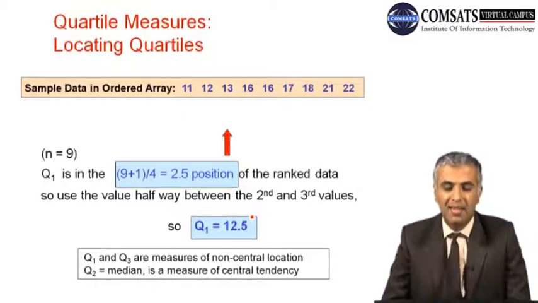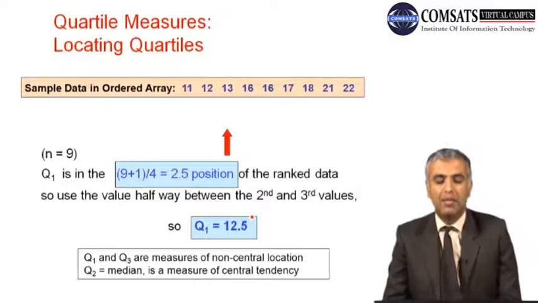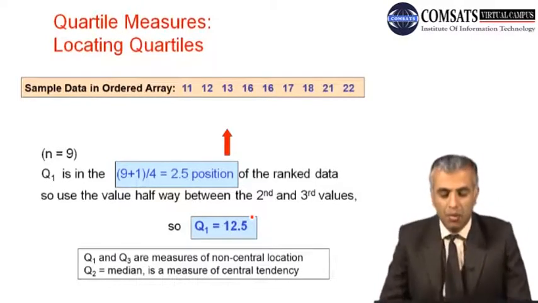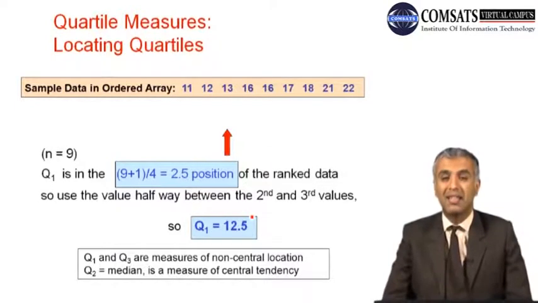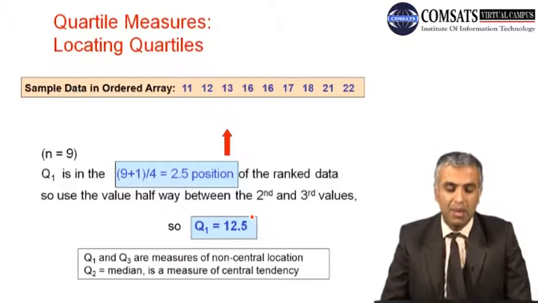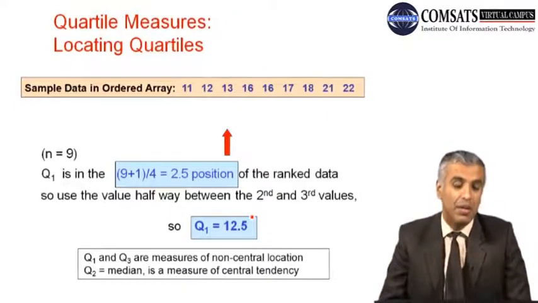We can see here a set of values ranging from 11 to 22, and the first quartile is calculated by putting the values in the formula. As the number of values here is 9, we put 9 in place of n in the formula we discussed, giving 9 plus 1 divided by 4, which is equal to 2.5. Now this 2.5 represents the position of the ranked data and is not the actual value.